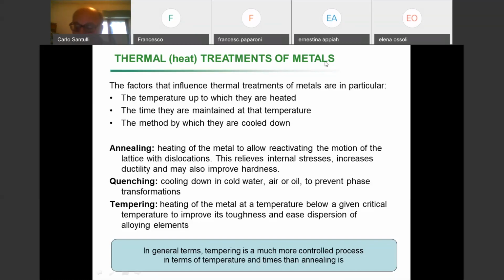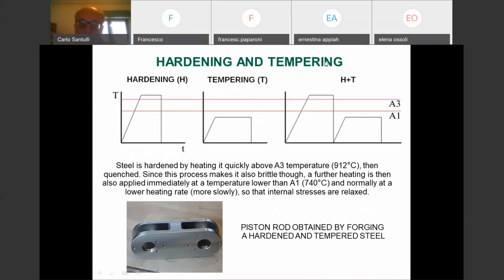Okay, we proceed with a very simple example of a diffusive treatment which is applied to steel, which is hardening and tempering. Hardening means that you go above the A3 temperature.